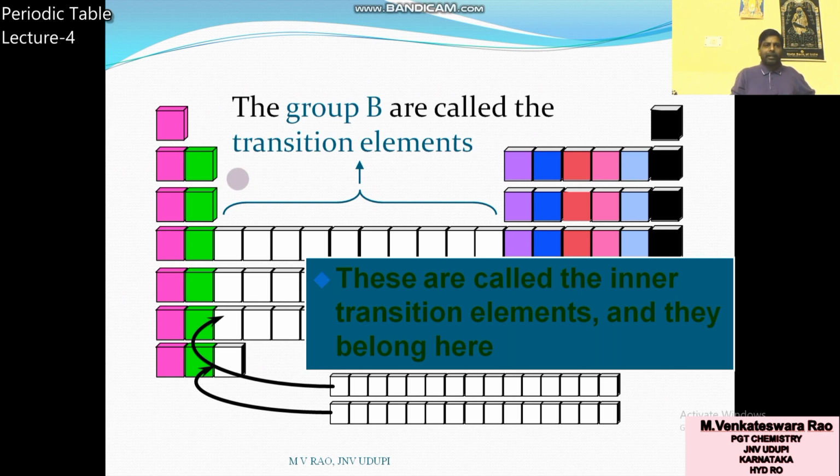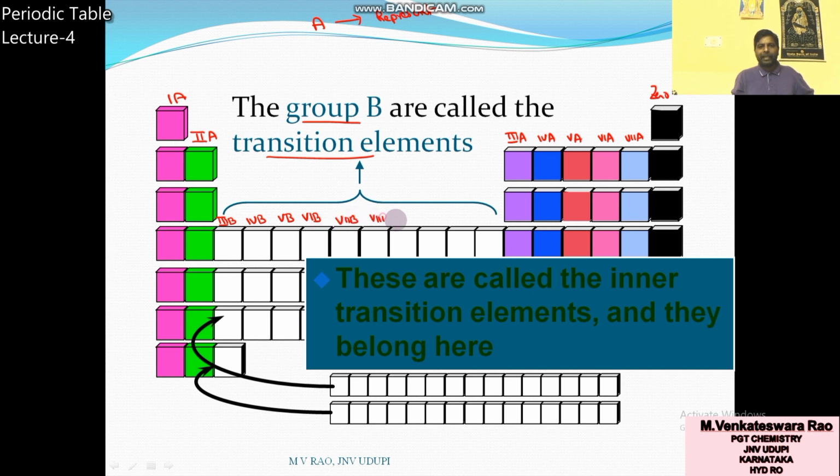In the modern nomenclature, this group is called 1A. It is called 2A. It is 3A, 4A, 5A, 6A, 7A, and it is called the 0 group. In the old system, A groups represent representative elements, B for transition elements. It is 3B, 4B, 5B, 6B, 7B.